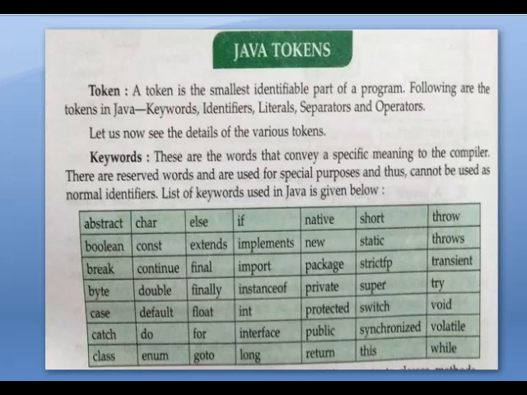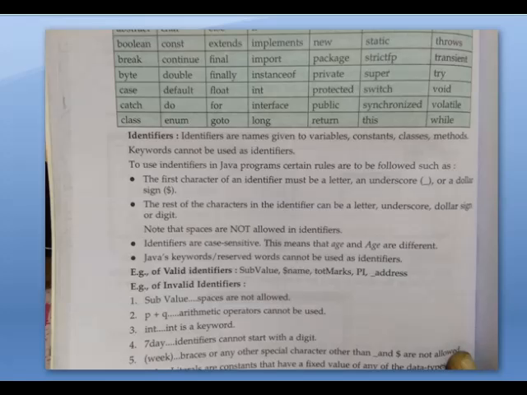So the next one is identifiers. Identifiers, the other name is variables. Variables allocate some memory space for the values to be stored in memory. Identifiers are the names given to variables, constants, classes, methods. Keywords cannot be used as identifiers.